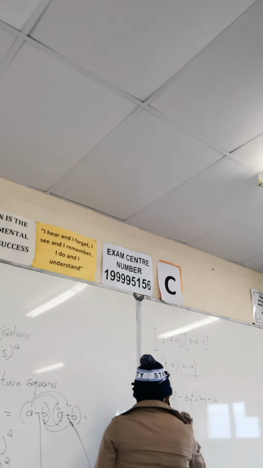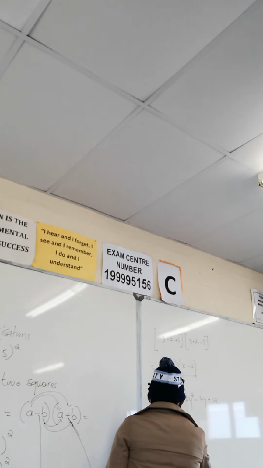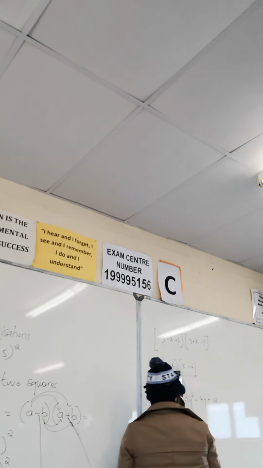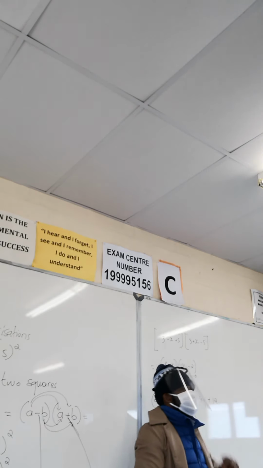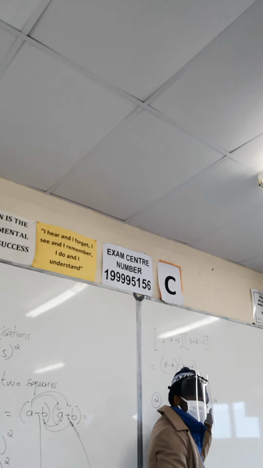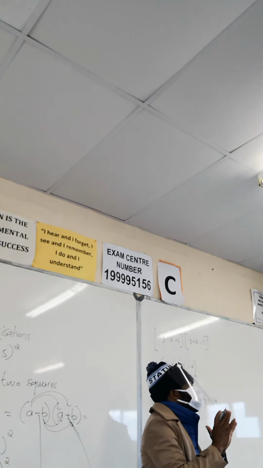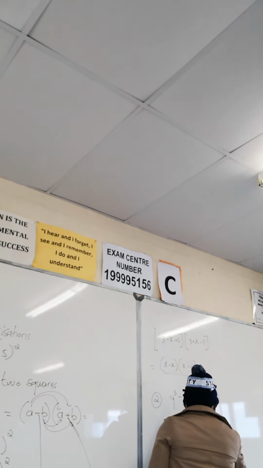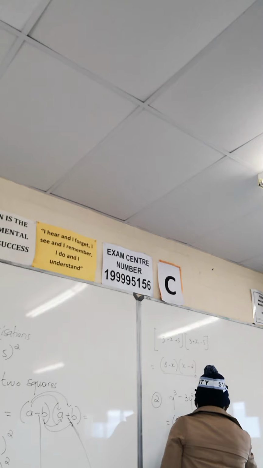So here we will group them. So I will have y cubed minus 3y squared. Now the problem that most of the students will have is to neglect this minus. If you don't know, just put the plus first: minus 4y plus 12.